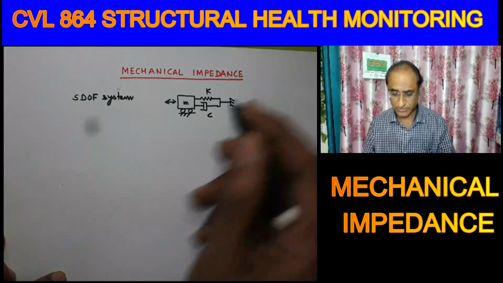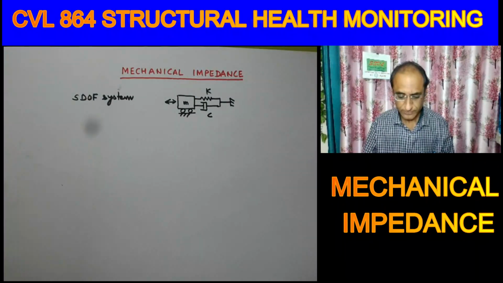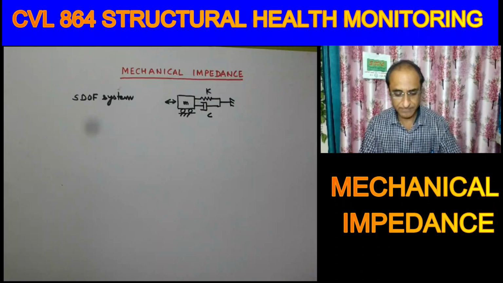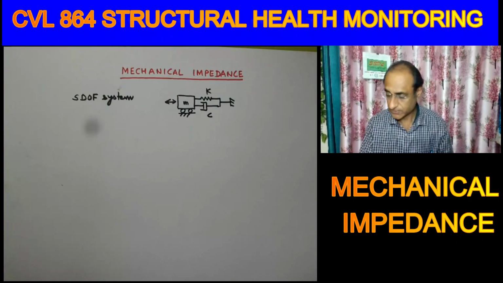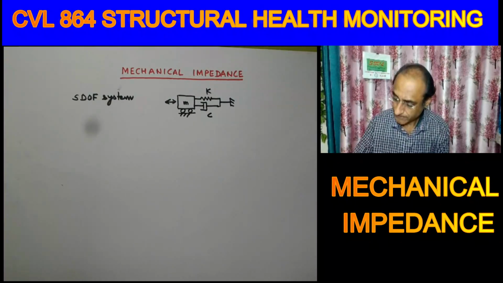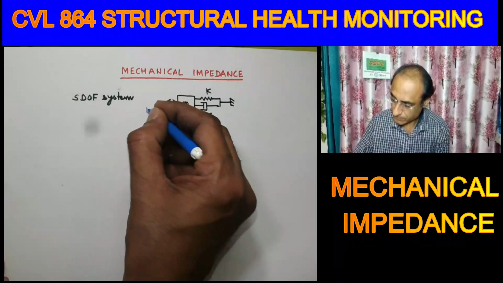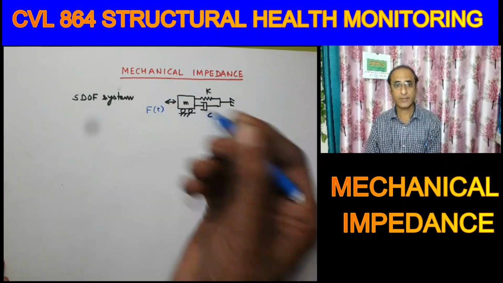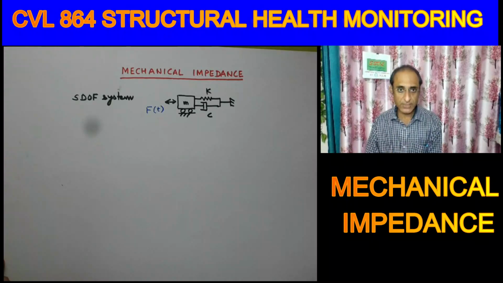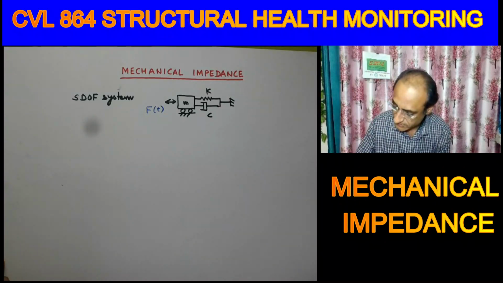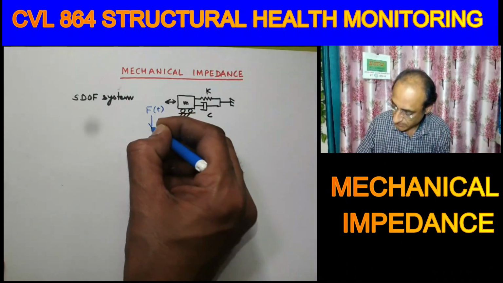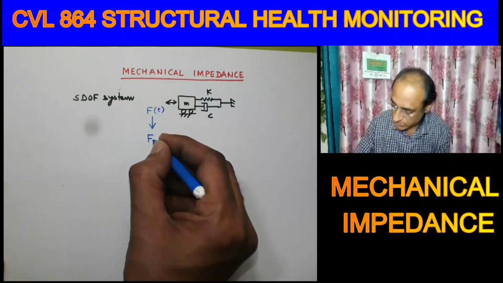Okay, so now we say that this is under a harmonic, dynamic force. We'll use the notation that we are representing this force by F0 e to the power j omega t.